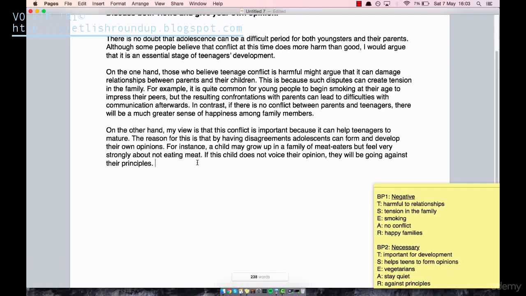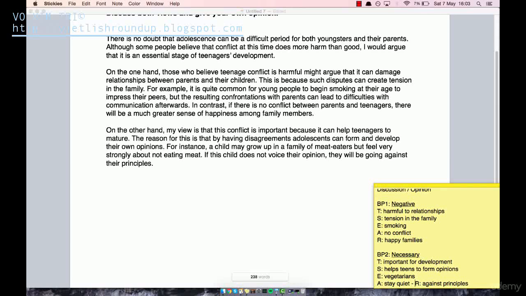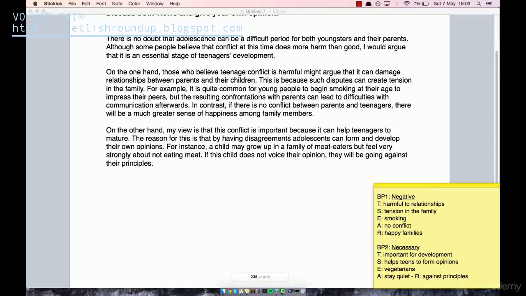So I've got 4 sentences here. This leaves me with a space to open up one more, where I can look at the alternative of that alternative. So it's like an alternative on top of an alternative, but it drives the point home at the very end.